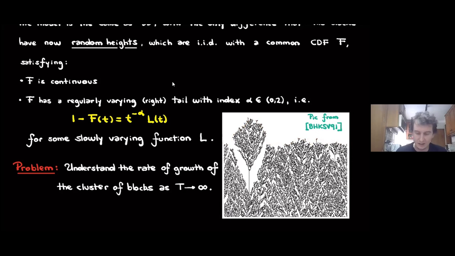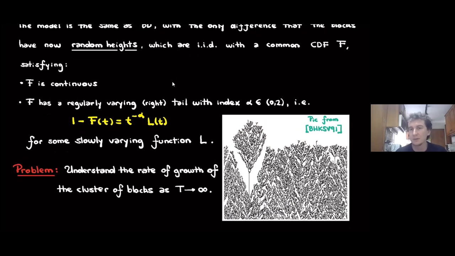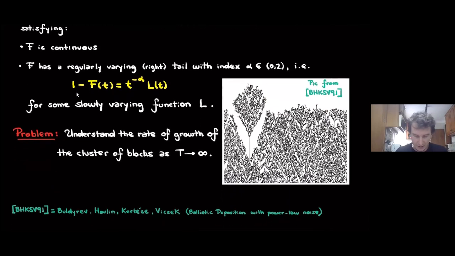But in this case, since I have random heights and these heights are heavy-tailed, you can see from the picture that these heavy tails are going to produce some blocks which are extremely tall, some very large heights. And these extremely tall blocks may produce some faster growth of the interface, or of the surface. So I want to understand that: if it grows linearly, if it doesn't, what's the speed of growth.